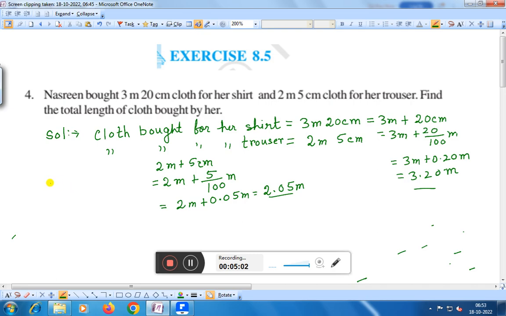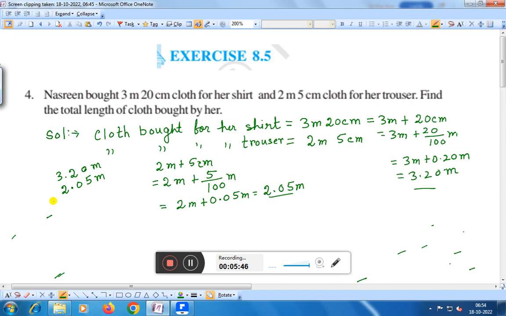Okay, now we'll add the numbers. The numbers are 3.20 meter and 2.05 meter.